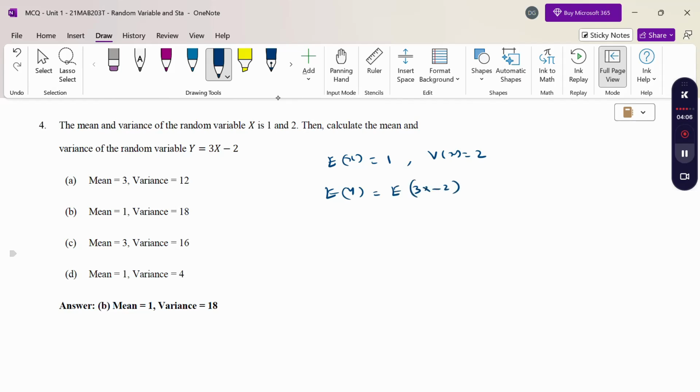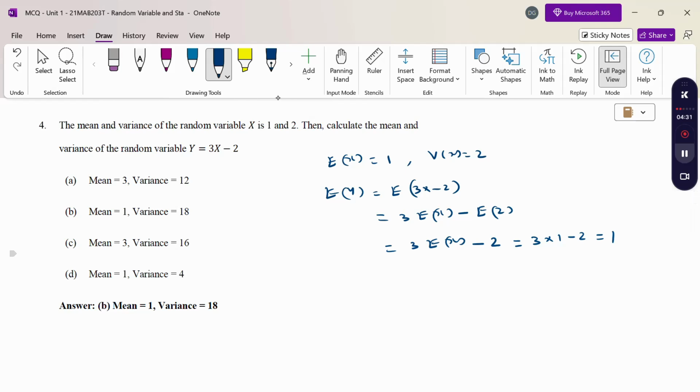Using the property, 3 into expectation of x minus expectation of 2. Expectation of constant is constant. So 3 expectation of x minus 2. Expectation of x value is 1. Therefore when I substitute 3 into 1 minus 2, it is 1. So expectation of y value is 1.